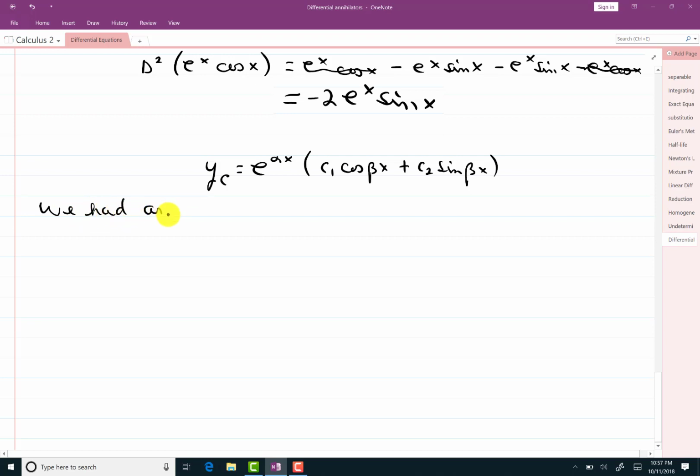So we had an equation. In fact, we had an auxiliary equation with alpha plus and minus beta i as zeros. That's how they happen.